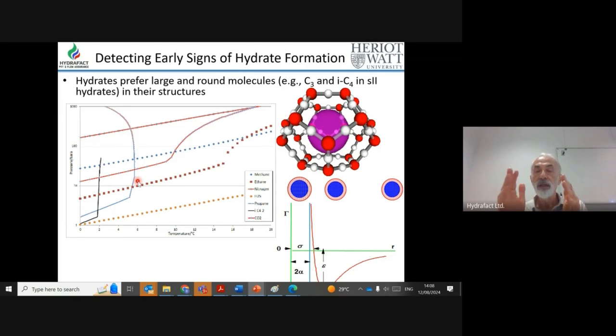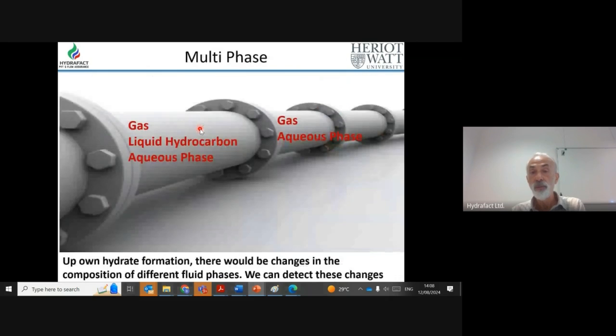In fact, the hydrate phase, which will remain in the aqueous phase, has a lot more, for structure 2, for example, a lot more C3 and iC4. And therefore, the gas phase would have less of this component. So in a pipeline, we can have 3 phases.